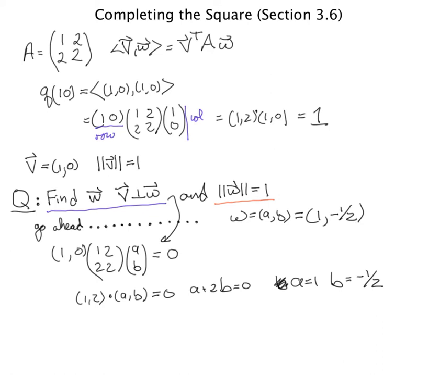Okay, so let's do the second part now. Let's try and find W whose length is equal to 1. So again, I'm going to let you pause the video and see if you can do that.